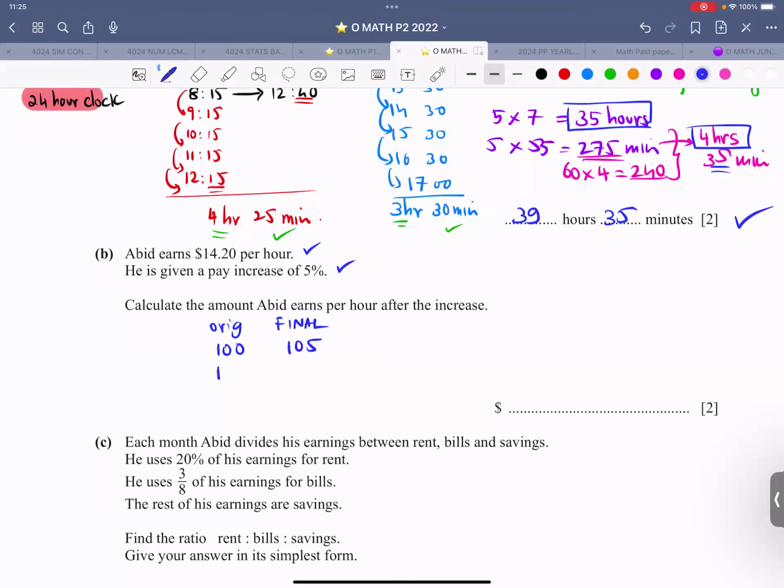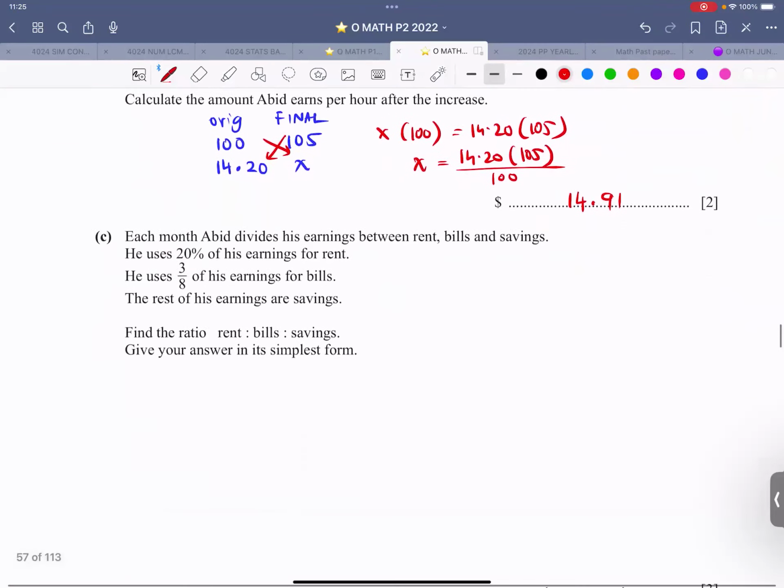If the original is 14.20, the final is X. So cross multiply: X into 100 is 14.20 into 105. Let me make X the subject. That's 14.20 times 105 divided by 100. Let me multiply, and this comes out to be 14.91. So that is the answer for this part.